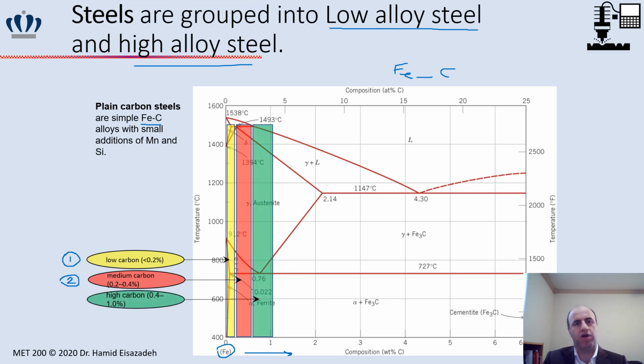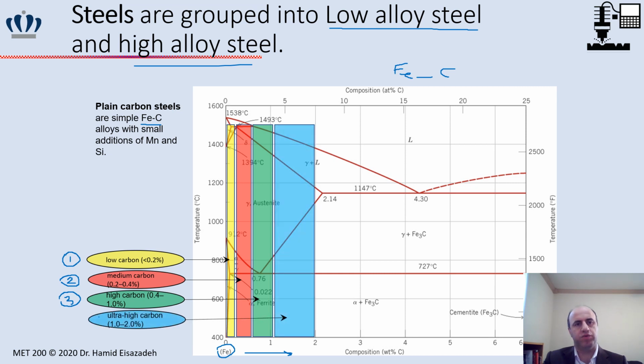The third one is high carbon steel, and we have carbon between 0.4 and 1 weight%. The last one is ultra high carbon steel, which has very limited application. Low carbon steel has many applications.